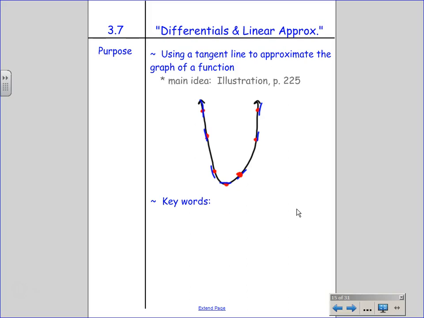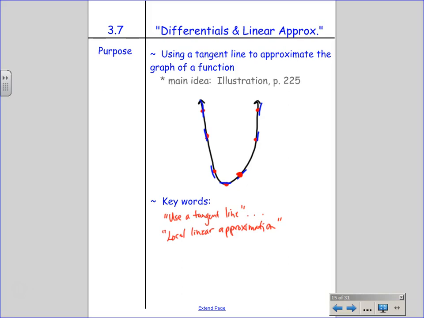Some of the keywords that you're going to see where you need this process is not just making a tangent line, but using a tangent line. Use a tangent line to approximate. Whenever they say use a tangent line, they're referring to the process I'm about to show you. Whenever they say something about local linear approximation, this one's a little tricky because it doesn't even say tangent, but when they're talking about local, close to a point, linear, the line close to a point, they're talking about a tangent line.